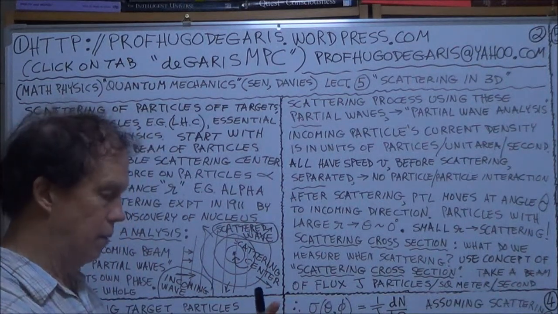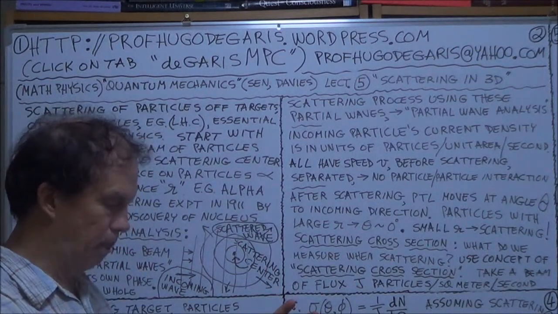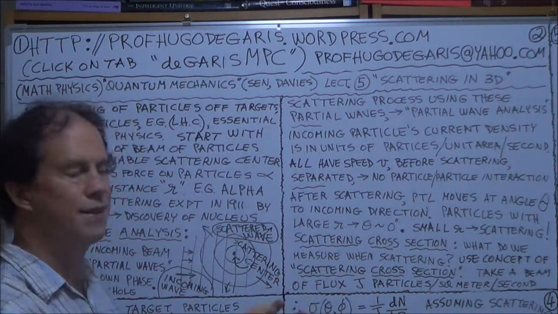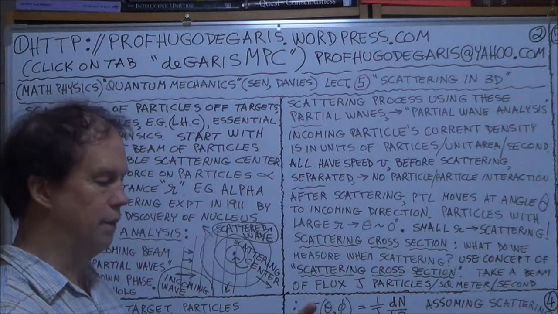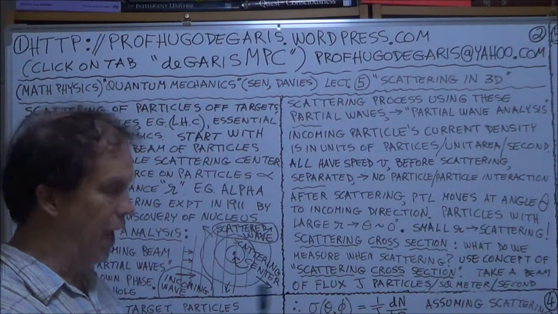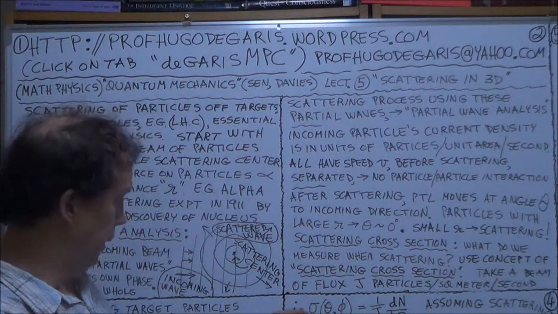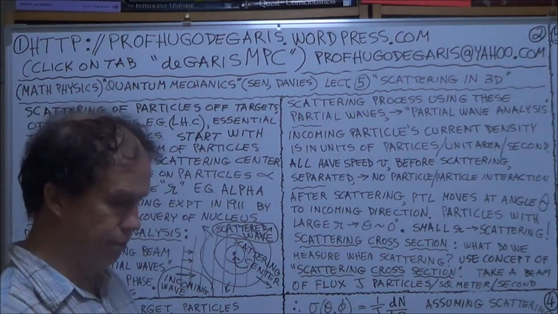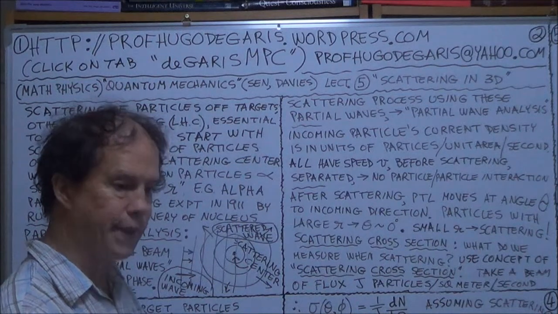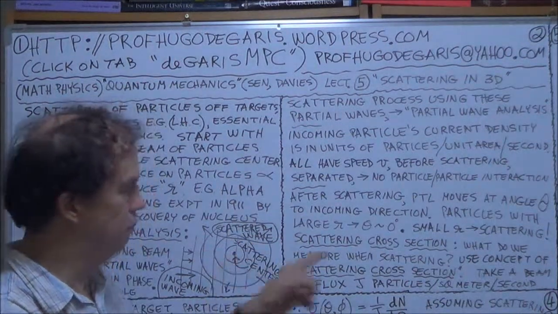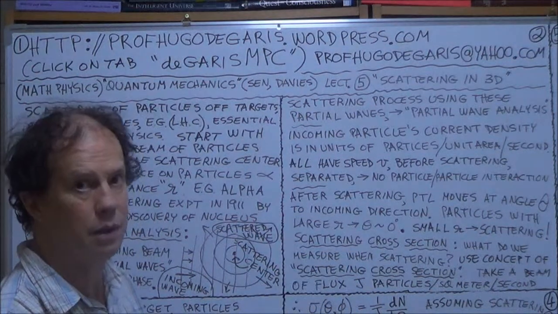The incoming particle could scatter in any direction, so it could hit that unit sphere at radius 1 anywhere on the sphere. That's what's meant by it can scatter in all possible directions. I'll take that up at the next session.